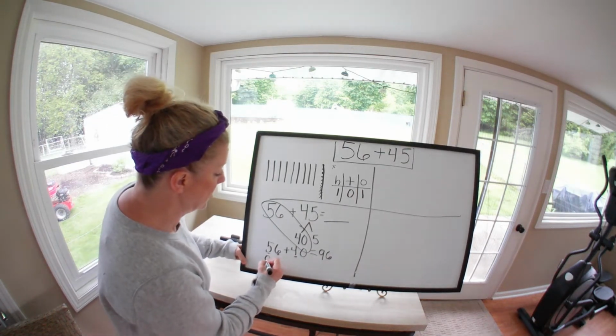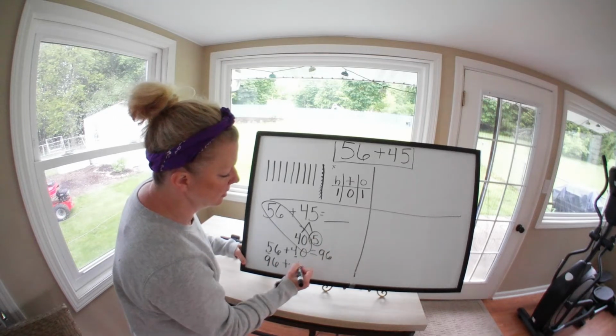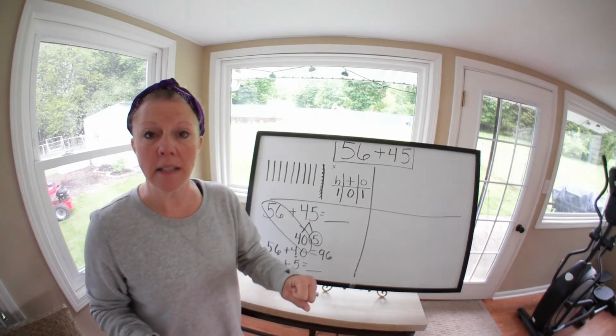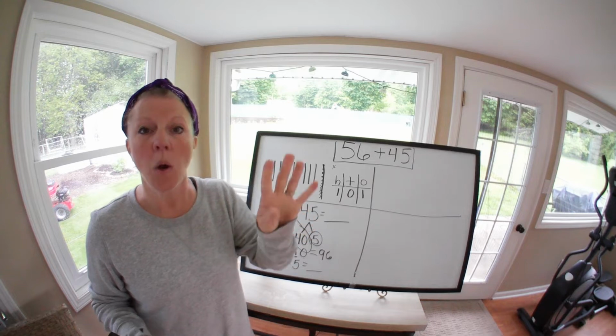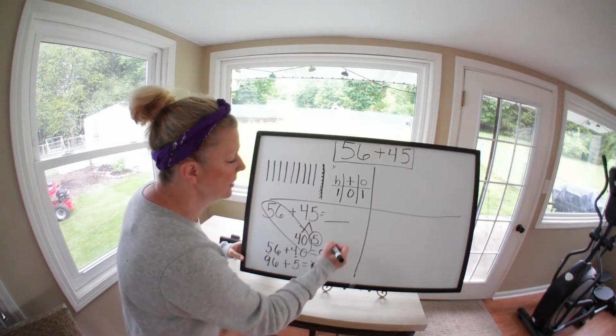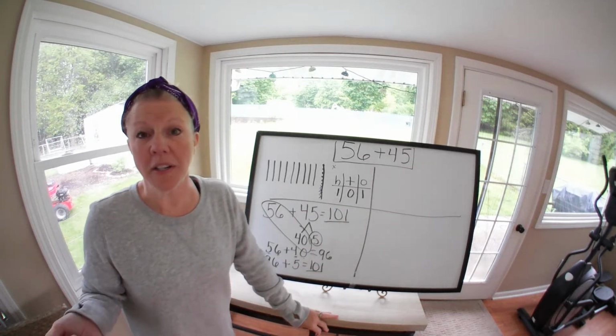We're going to bring the 96 down, and we're going to add it to the number we didn't use, which is 5. So we're going to count on: 96, 97, 98, 99, 100, 101. That's where you need to understand and know how to count past 100.